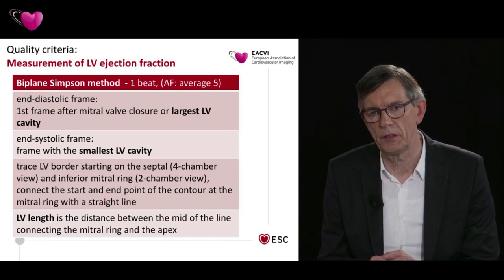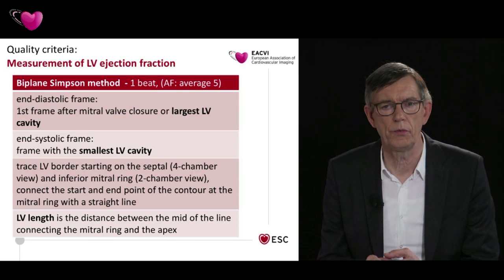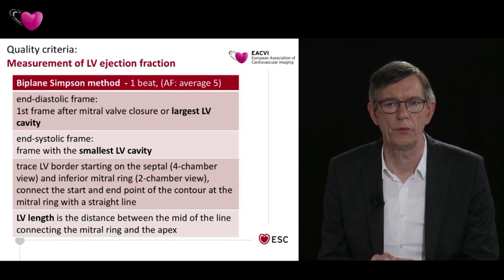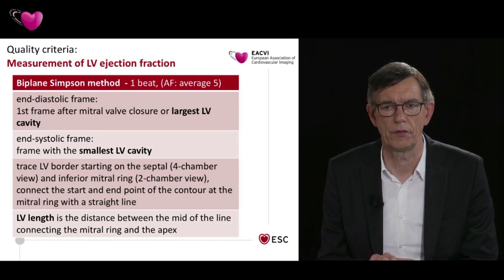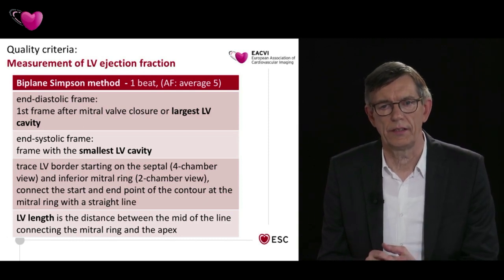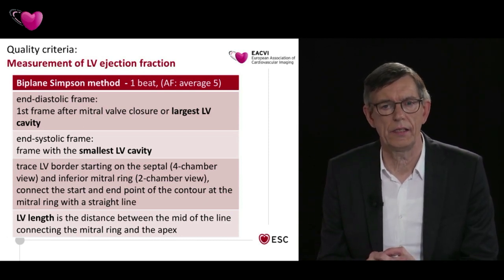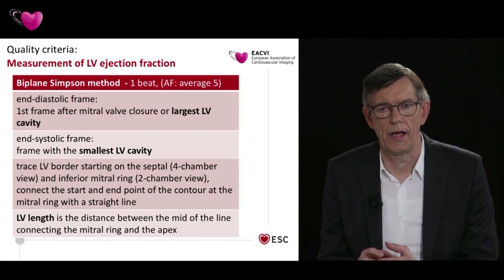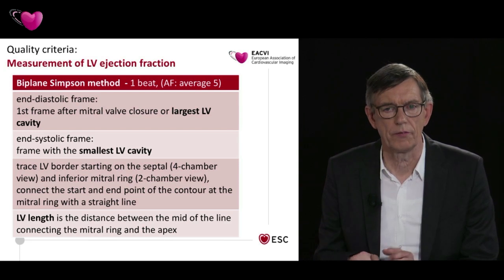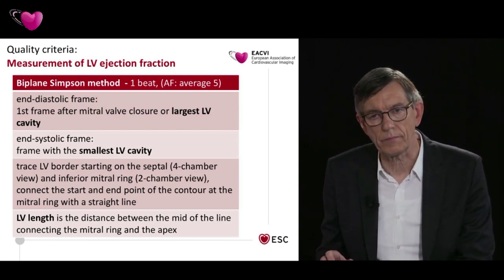And then we trace the border, starting on the septal ring in the 4-chamber view and the inferior mitral ring in the 2-chamber view, and connect the start and end point of the contour at the mitral ring with a straight line. And finally, we look at the length as the distance between the midline connecting the middle of the mitral ring to the apex.